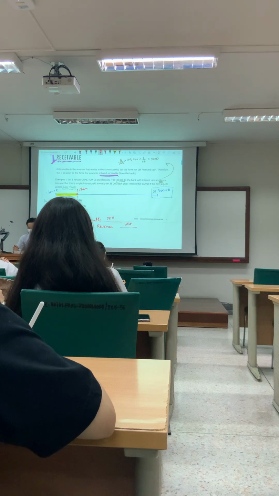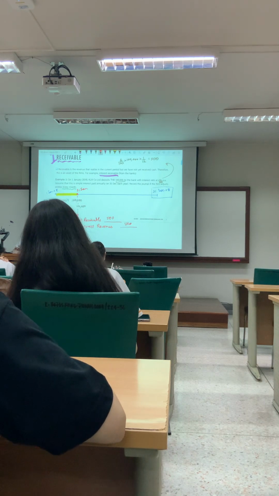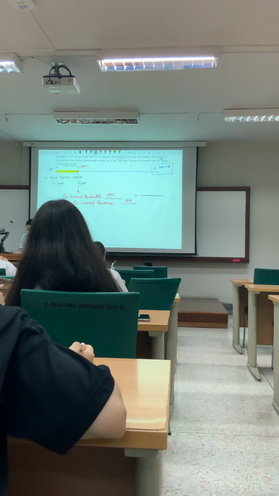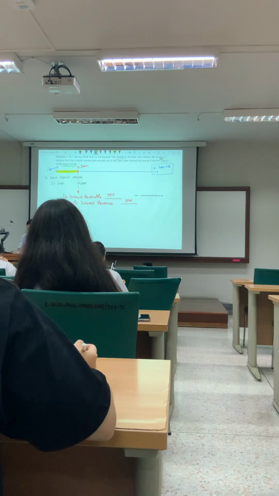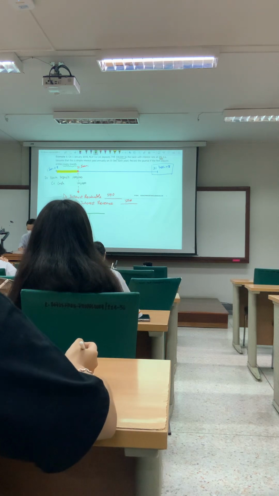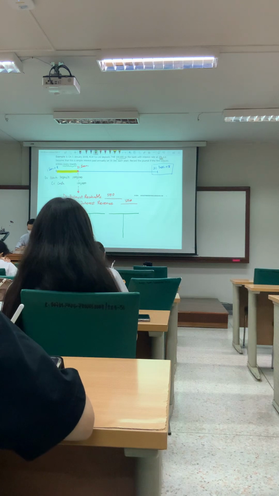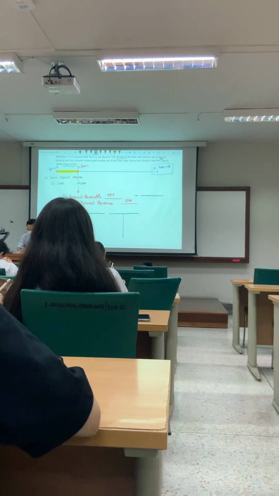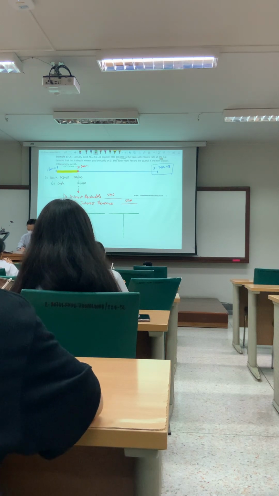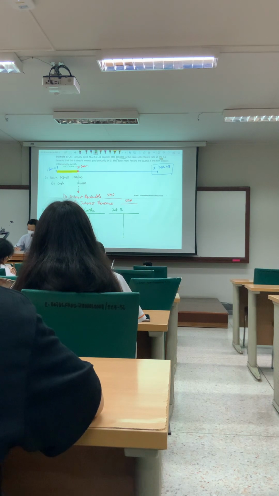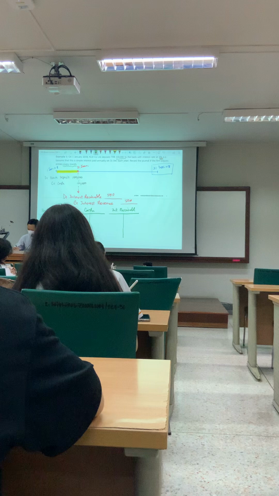Okay. Now, at this stage, I show you the T account, or in other words, your ledgers. Let's say this is your bank deposit. This is your cash. This is your interest receivable.